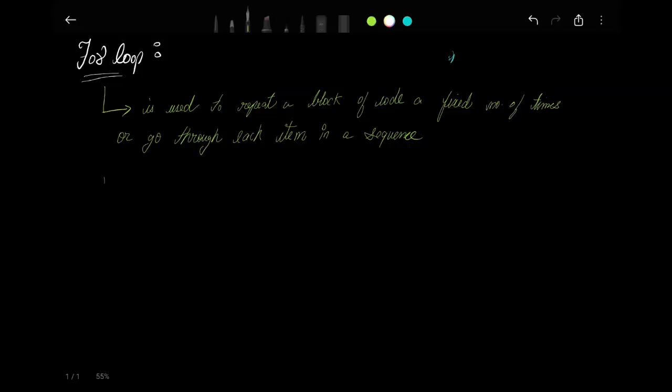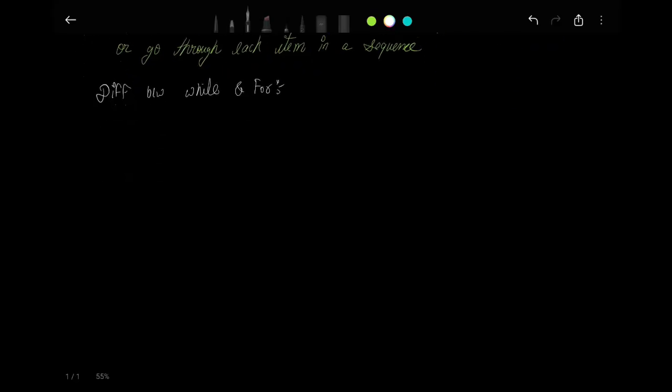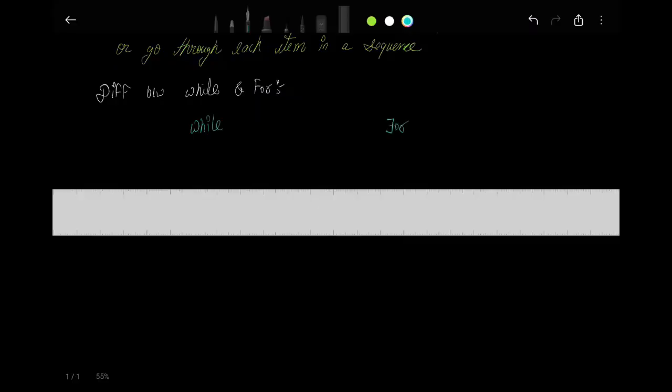Now, we will see what is the difference between a for loop and a while loop. Here we have our while loop. We have our for loop.